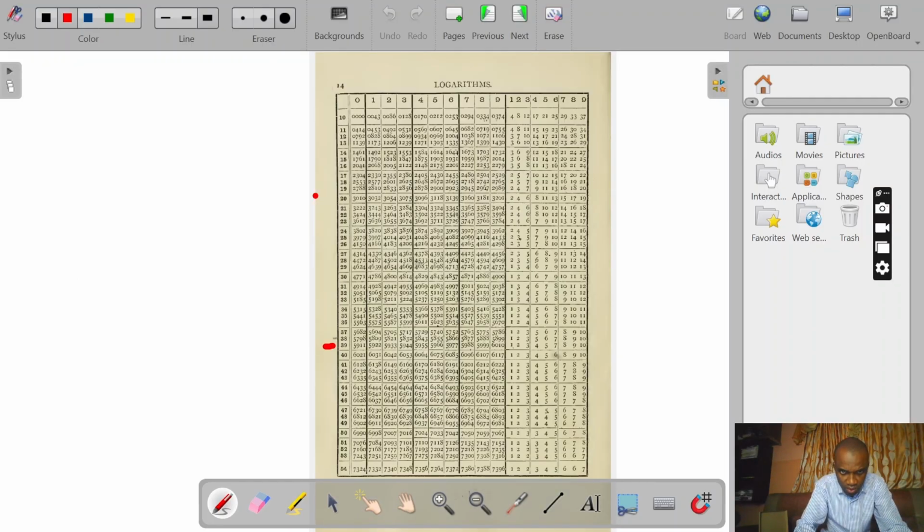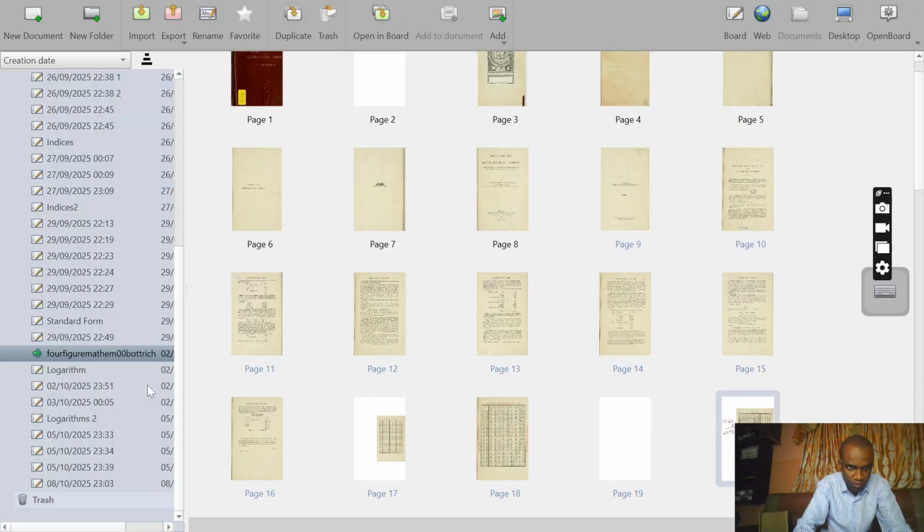So 31 under 5. This 31 here, under 5, this is 5. That's 4983, difference 6 is 8. 4983 plus 8 will give us 4991.